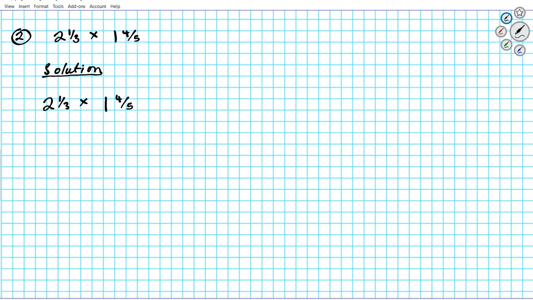First things first, you want to convert these two numbers into improper fractions. Let's do it. We'll pick the first one, 2 1/3. Convert that to an improper fraction. You just multiply 3 by 2 and add it onto 1.